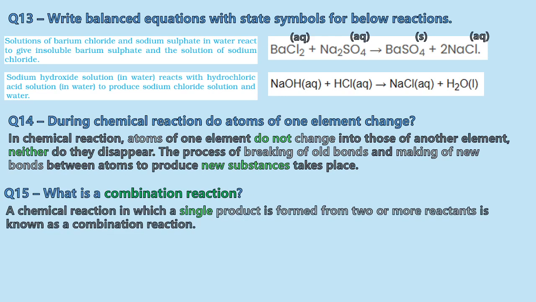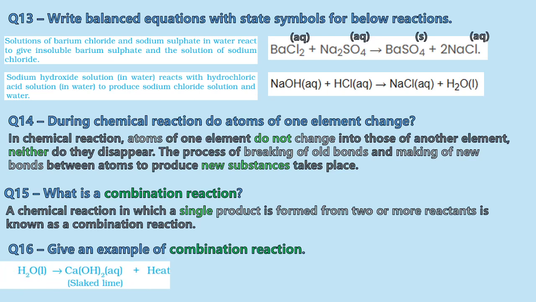What is a combination reaction? A chemical reaction where a single product is formed from two or more reactants is known as combination reaction. Give an example of combination reaction. See, when two substances are combined together, for example, CaO, Ca is calcium, O is oxygen, CaO is calcium oxide. When it is combined with water H2O, it will give you calcium hydroxide, Ca(OH)2, and the byproduct will be heat emission.